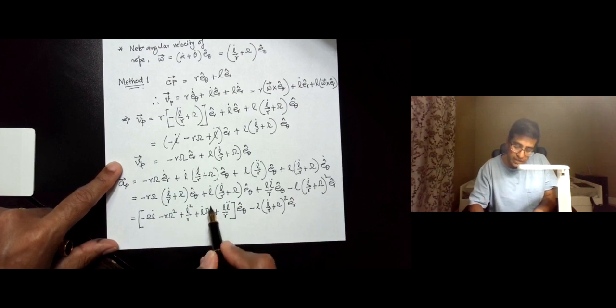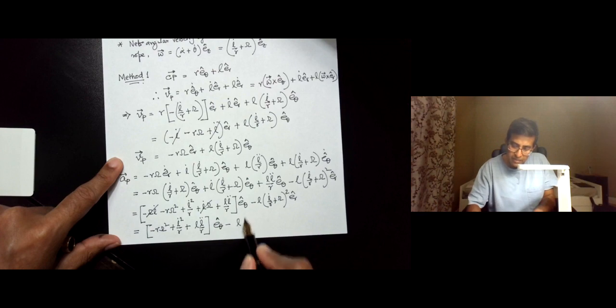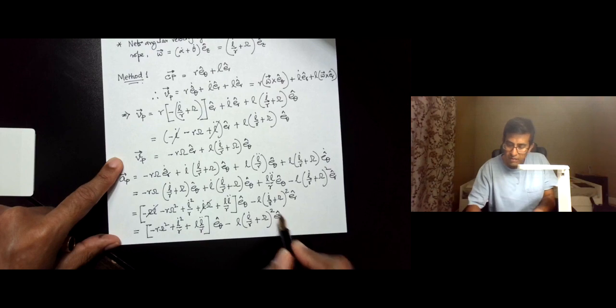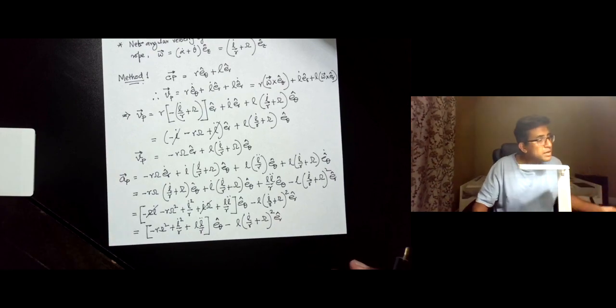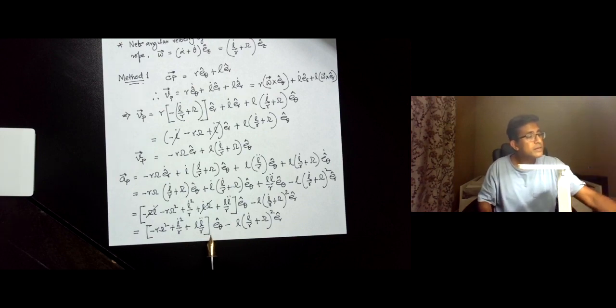You can see that there is a cancellation, and what we'll be left with is minus R omega squared plus L dot squared over R plus L double dot over R E theta minus L times L dot over R plus omega whole squared Er. Let me just check. Yep, indeed.